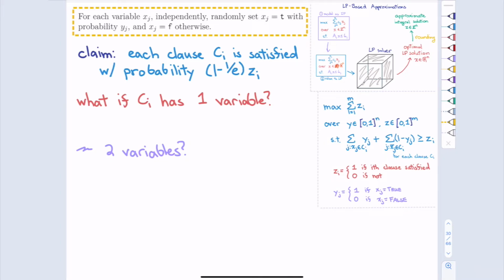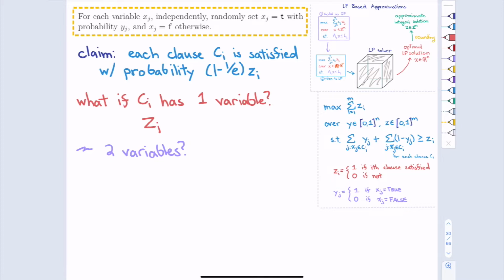But what if clause i had one variable? In that special case, the odds would have been zi, because there would have been one variable equal to zi. So this bound of 1 minus 1 over e times zi is not particularly good for the special case of one variable.